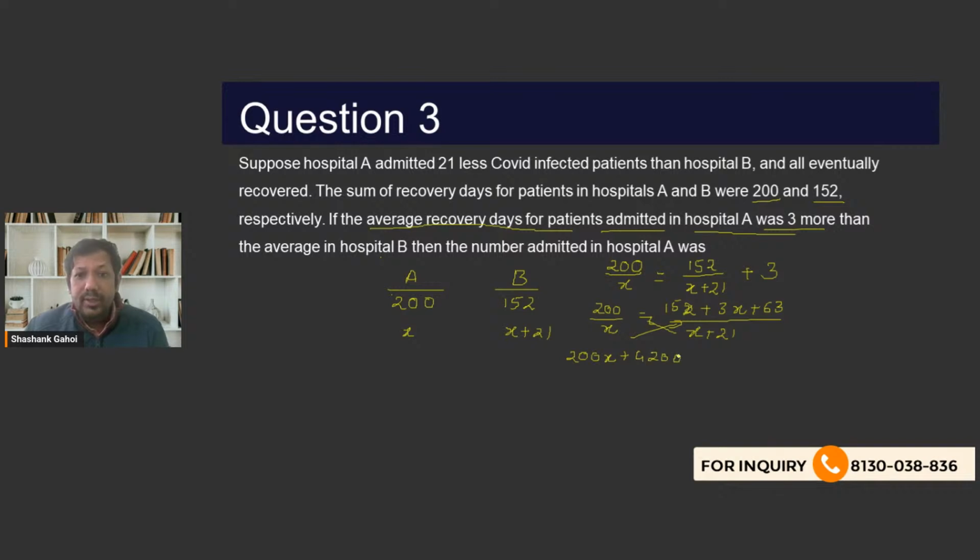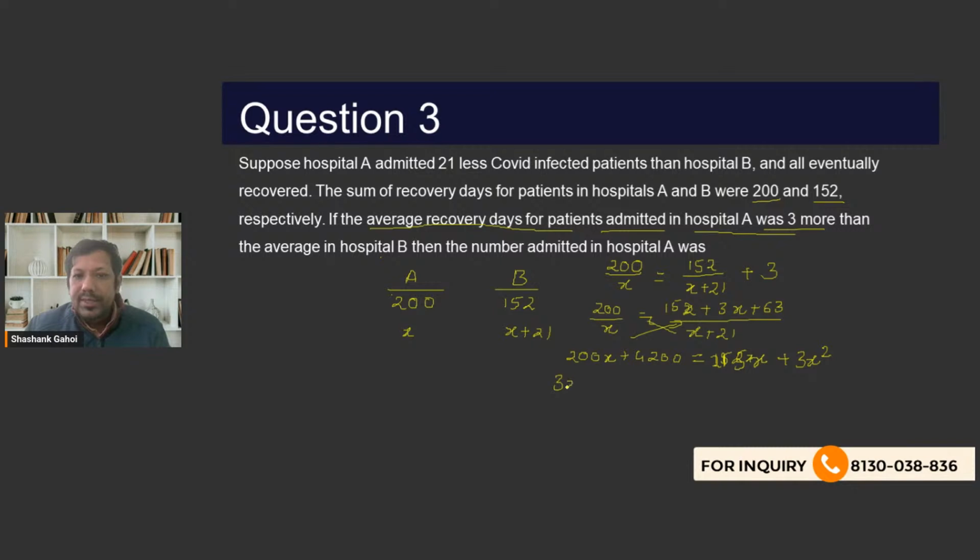Now it is going to be a lengthy equation. That is equal to 152x, 152 plus 63 is going to be 215x, plus 3x square. So what is the equation I'm going to get?